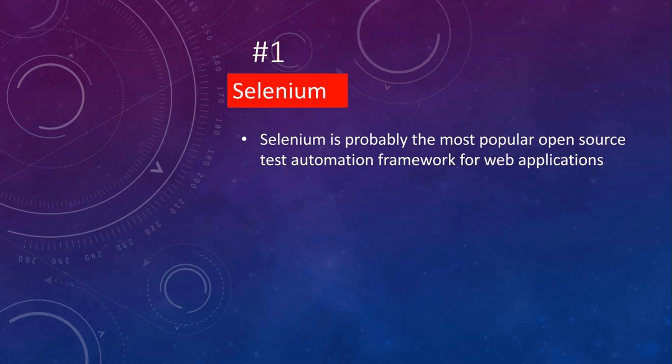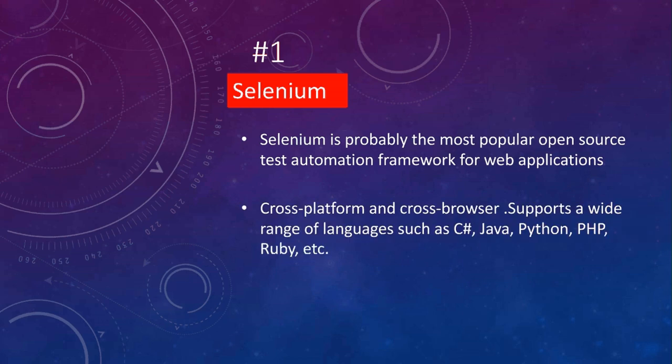Selenium is something which you should know to call yourself an automation engineer. It is one of the most popular tools which is available right now for automating web applications. It is also cross platform and cross browser, and supports a wide range of languages. So even if you know Java or Python, it doesn't matter, Selenium is there for you.